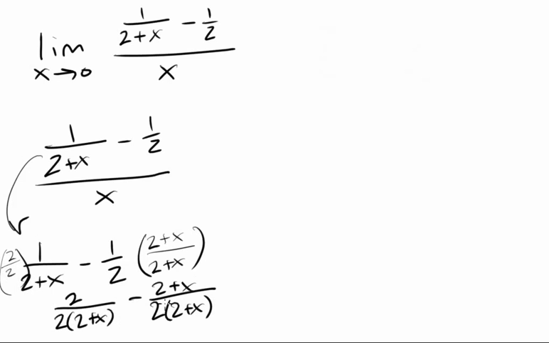Alright, so let's combine the denominator, so it'll be 4 plus 2x. We're going to do the numerator first, so 2 minus 2 plus x. And the denominator, I'm going to swap the order too, so we'll have 2x plus 4. So let's rewrite that.